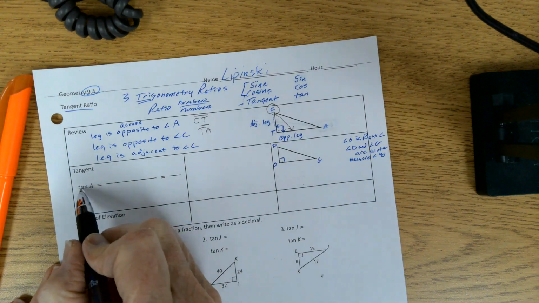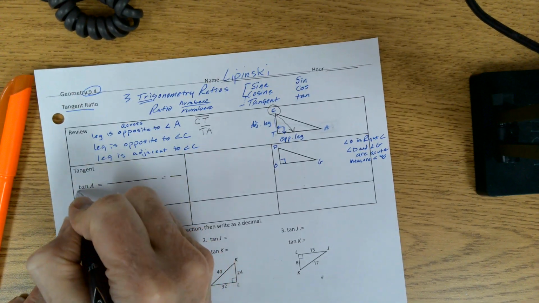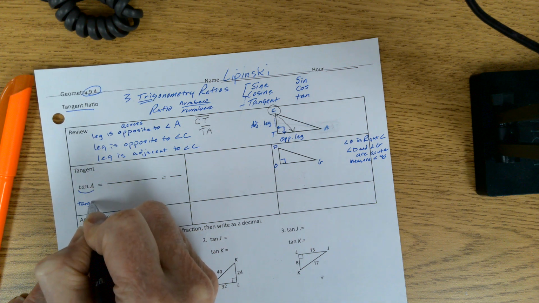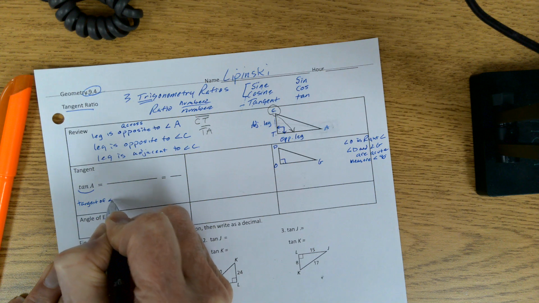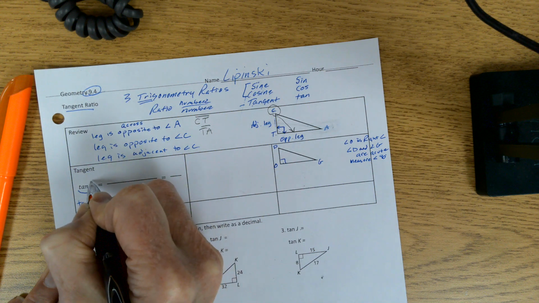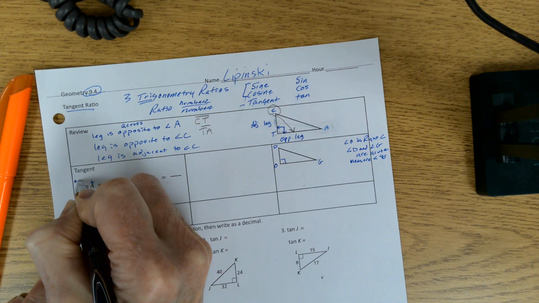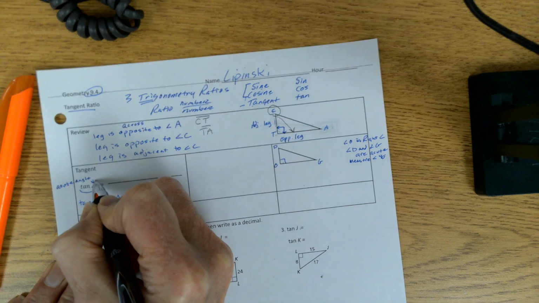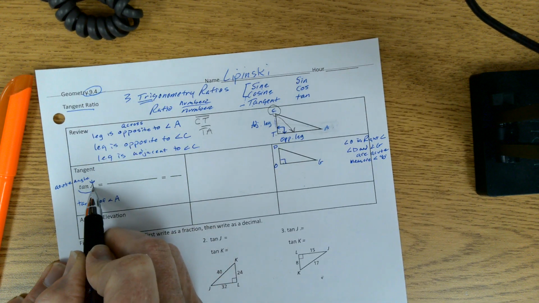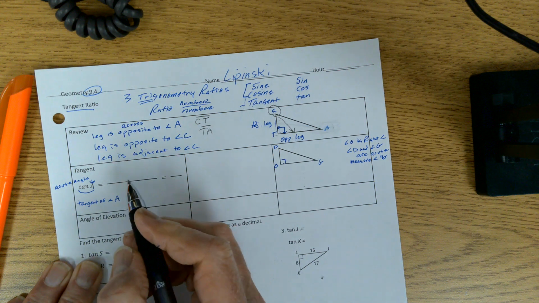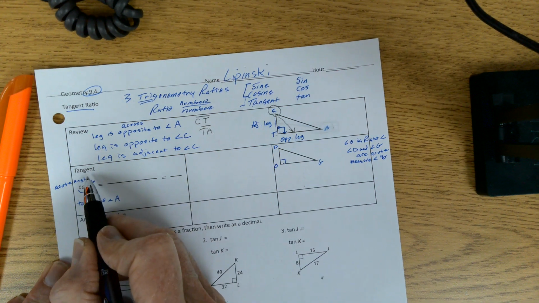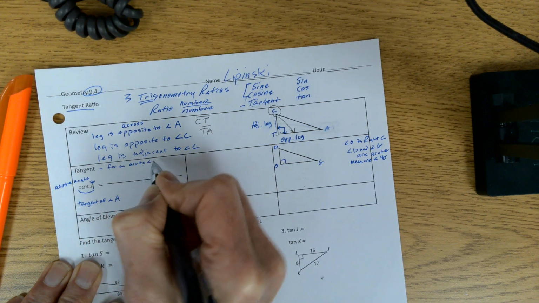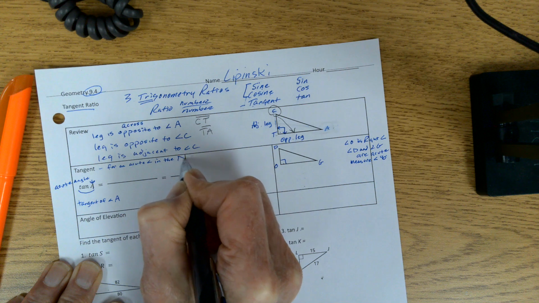Okay, let's talk right now. What is the tangent? What does this ratio mean? First, we don't say tan A. This is tangent of angle A. This is always an angle. Angle, always. And it's always going to be an acute angle. Whatever is here, this angle will always be an acute angle. So when we talk about tangents, it's going to be for an acute angle in the right triangle.